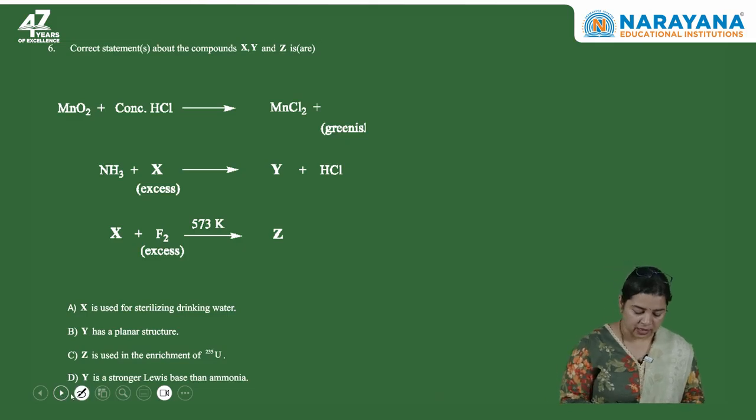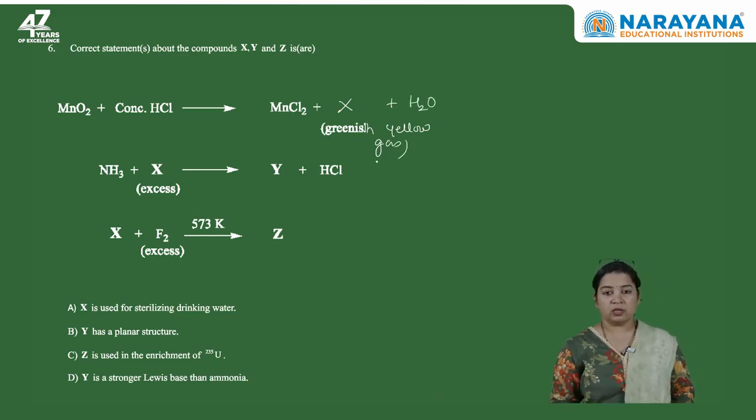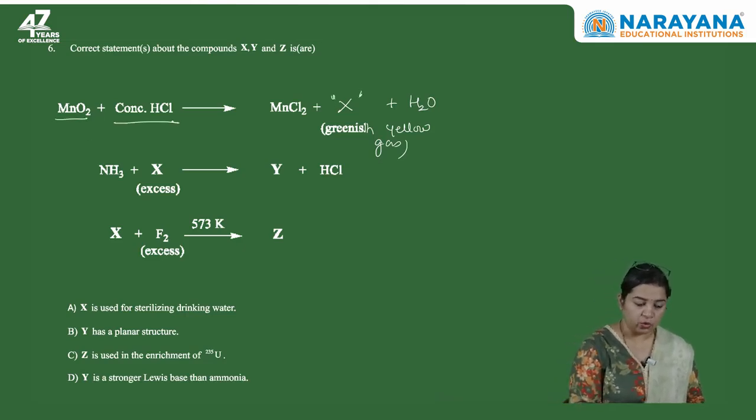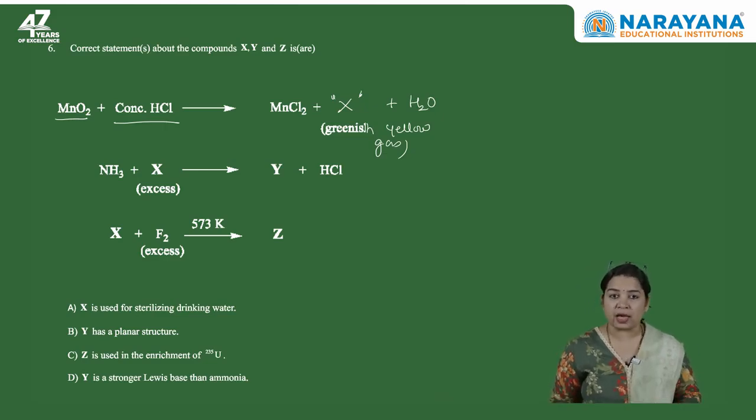As I can see, there is a slight typing error: MnCl2 plus X, greenish yellow gas was written here, and plus H2O was also produced in the reaction. Now this X, which was produced by the reaction of MnO2 plus concentrated HCl, is the reaction that we use as a test even in salt analysis.